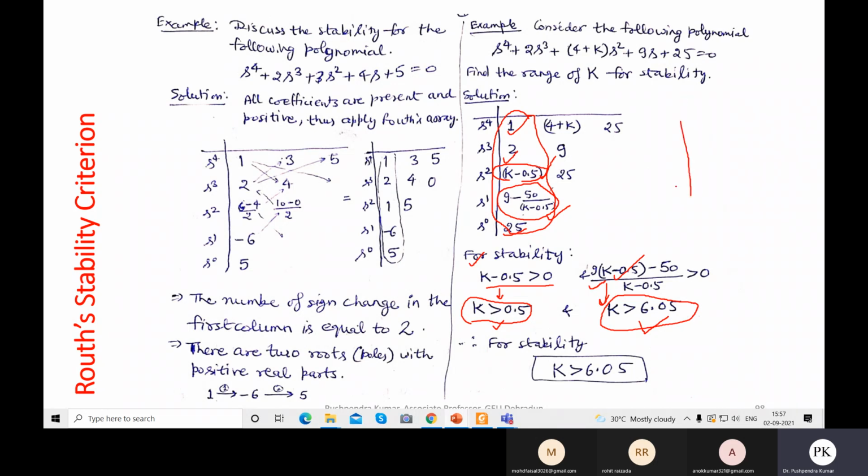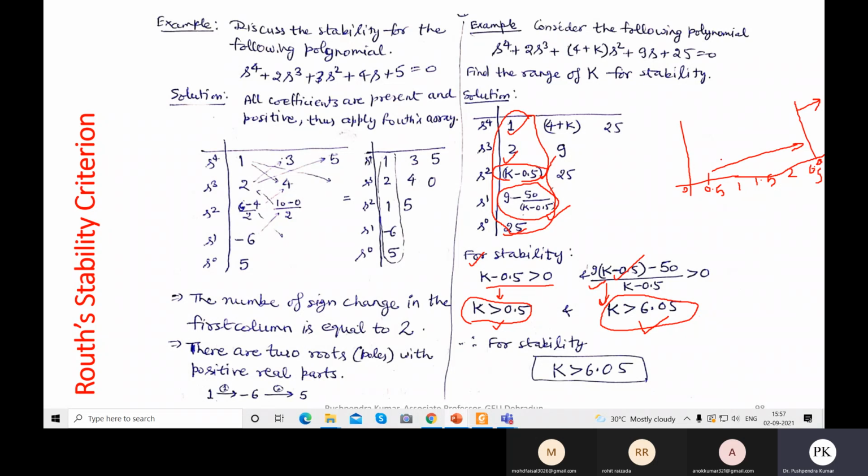Suppose this is the axis, with 0, 0.5, 1, 1.5, 2, and finally 6.05. One condition says the value of k should be greater than 0.5, and another says it should be greater than 6.05.